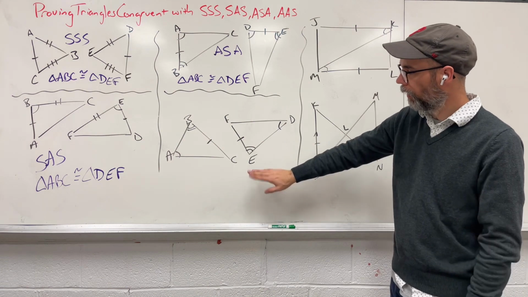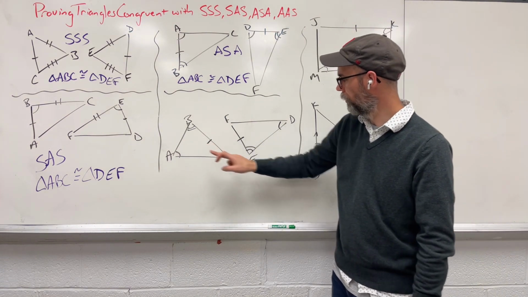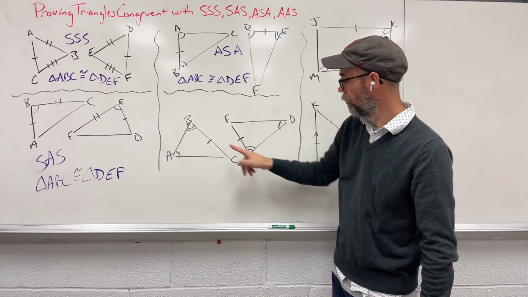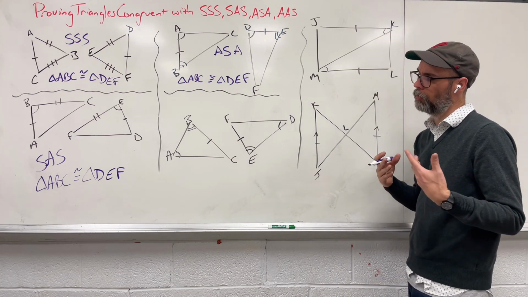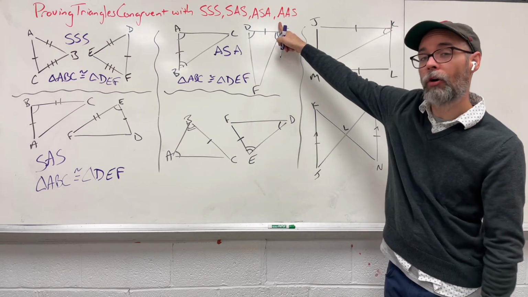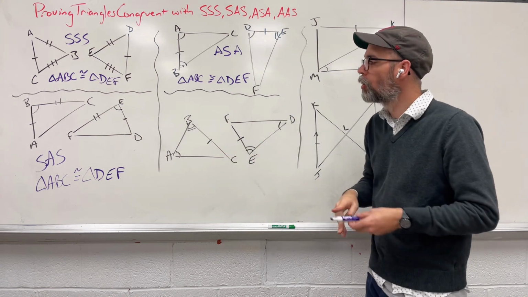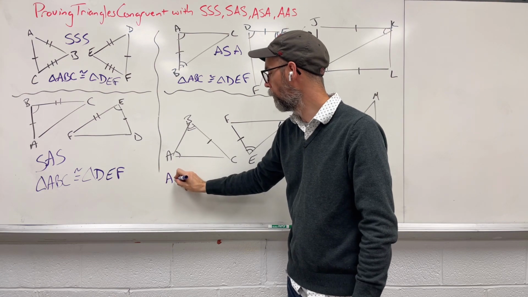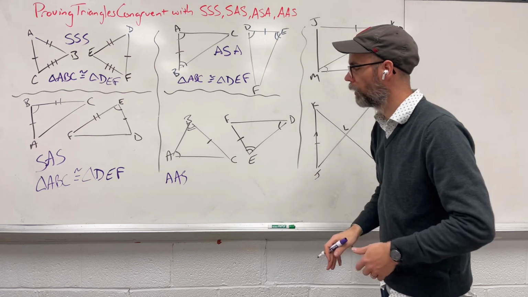Lastly, we have one arch, mystery side, two arches. Okay, this one gets a little more difficult to see, but we have a statement called angle, angle, side. So every time we do this, we always want to try and go in order within our problem, moving along in a circular manner.